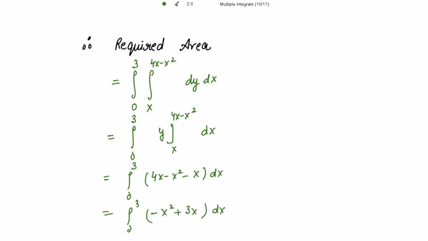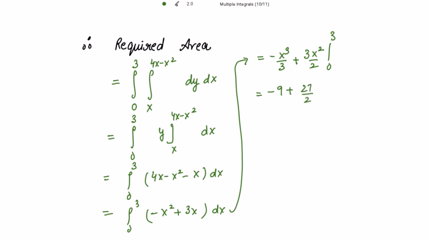So solving, I'm writing here this integral. What is the integration of x square? It is x cube over 3 with negative sign plus 3x square by 2 from 0 to 3. So this is equal to, putting 3 here, you get minus 27 over 3, that is minus 9, plus putting 3 over here, you get 27 over 2.